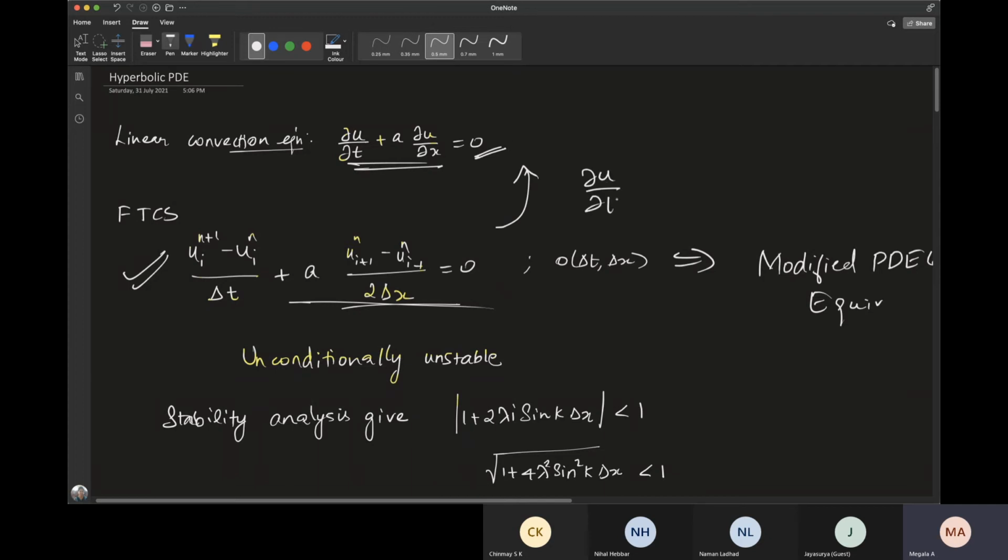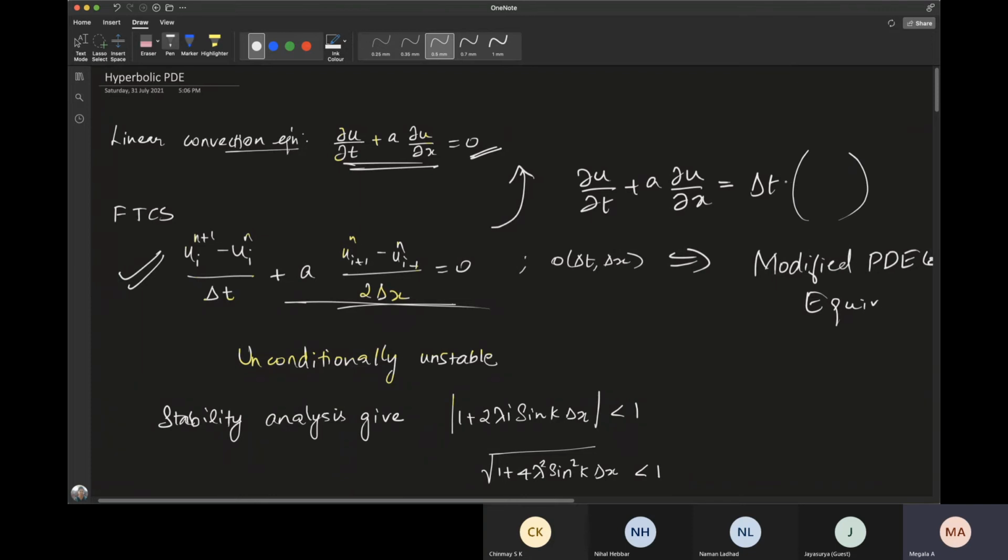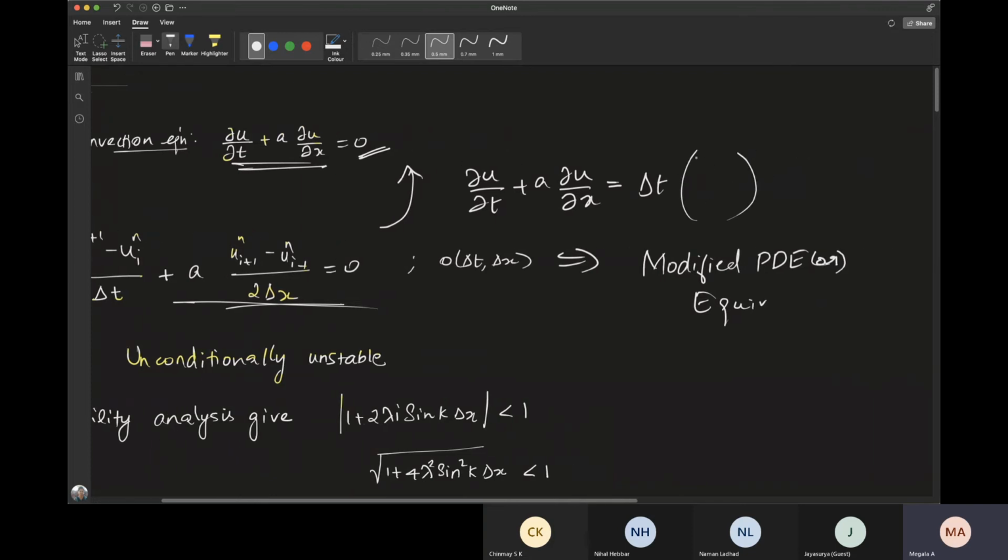You will get some term like delta t or delta x, a first order term or second order term. This term is what determines your diffusion.